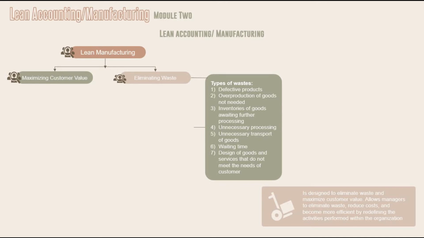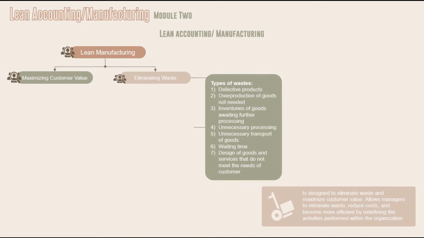Number 5, unnecessary transport of goods. 6, waiting time. And last, design of goods and services that do not meet the needs of customers. As you can see, the main types of waste considered in lean manufacturing are inventory, services or processes that customers do not give value of.